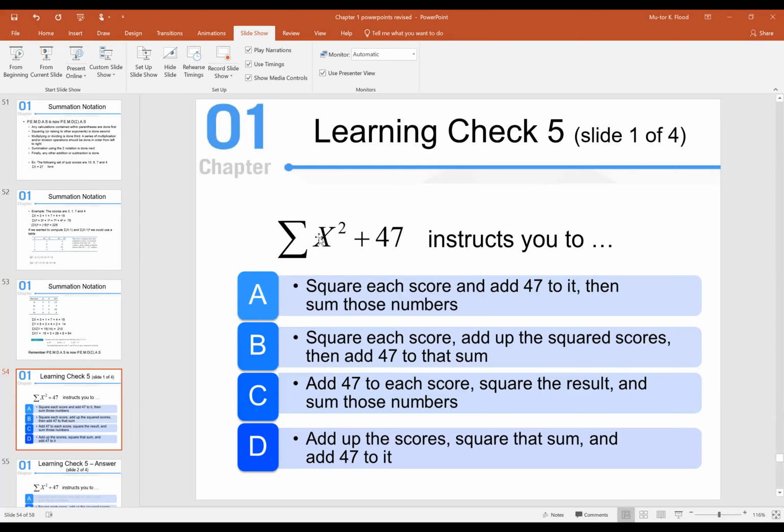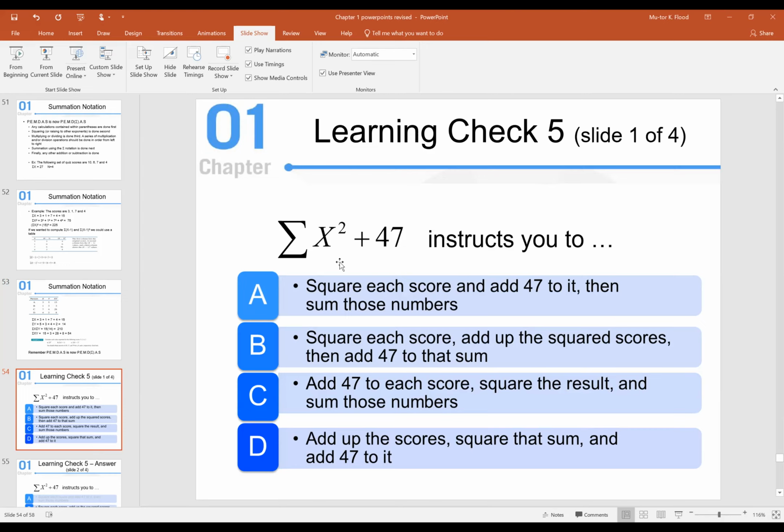And now if we're following PEMDAS, after we use exponents, we're looking for multiplication and division. There is no multiplication, there is no division. So then the next thing we're looking for is the summation, the sigma sign. The sigma sign is saying we're going to add up all of those squared scores.